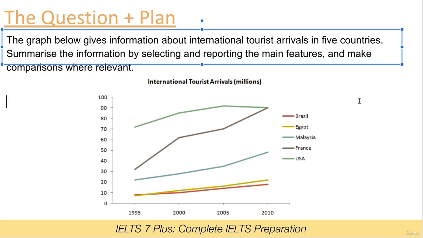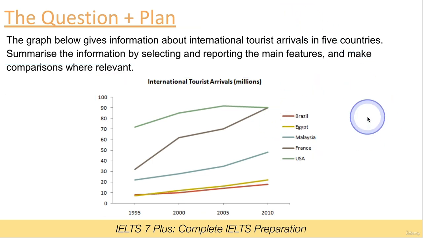So where relevant, this is an interesting section. So we can gather from this feature that we don't want to be making comparisons all the time. We just want to be making them when it is particularly relevant to the point that we're trying to make.